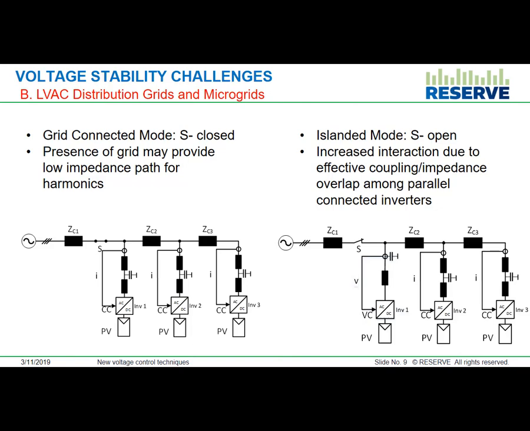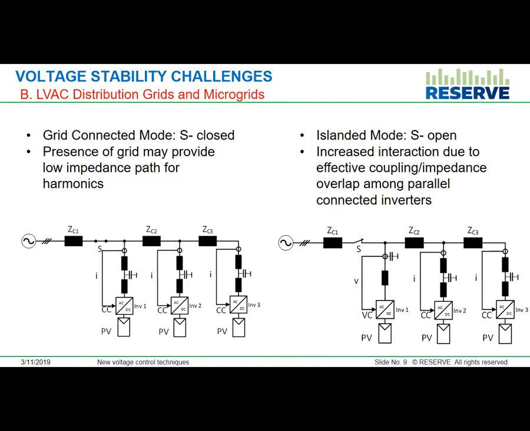On the other hand, if the medium voltage grid is weak, and rightly so, in futuristic grids it could be the scenario where the medium voltage grid is weak, and then you have a larger impedance, then you have higher interaction among the converters. Similarly, in the case of a weak grid, or a microgrid in islanded mode, which is weak, the harmonics injected by every converter do not have a low impedance path or a shunt path where they can sink.